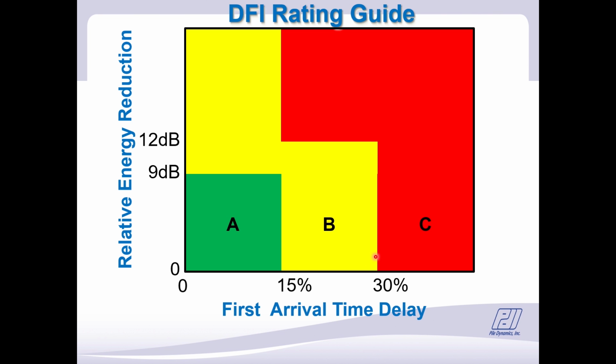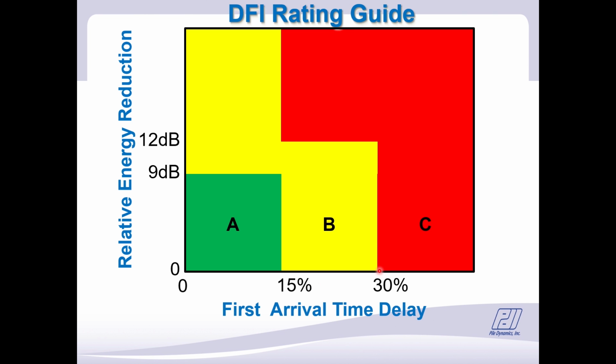Between 15 and 30%, this yellow zone, or if the energy reduction is more than 9 decibels, we call that maybe some questionable type concrete, and we'll talk about what to do about that in just a second.